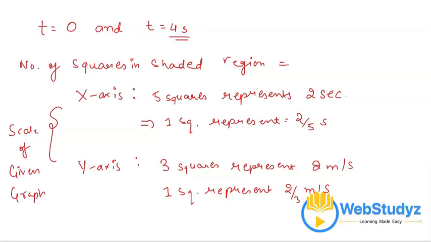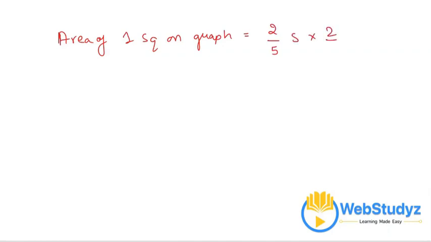So simply we can conclude that area of 1 square on graph is equals to 2 by 5 seconds into 2 by 3 meters per second, that is equals to 4 by 15 meters.